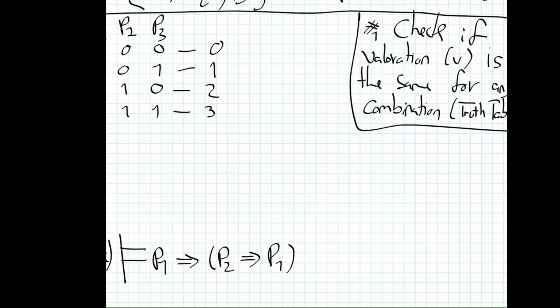And then we get 1, 0, 0. Let's give this some structure. 1, 0, 1, 1, 1, 0, and 1, 1, 1. And ta-da! We have a very orthogonal table.